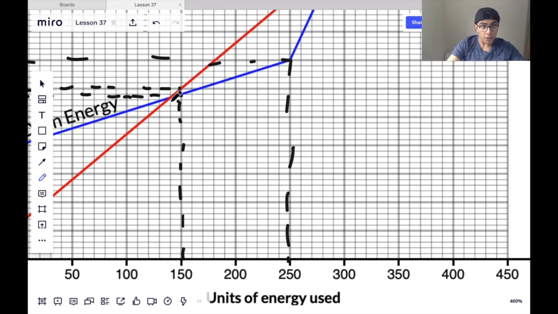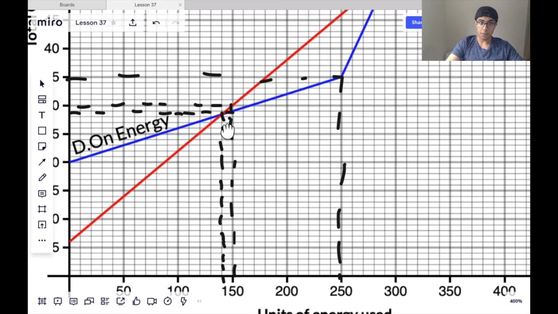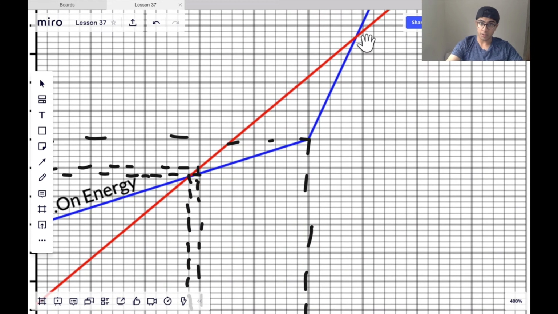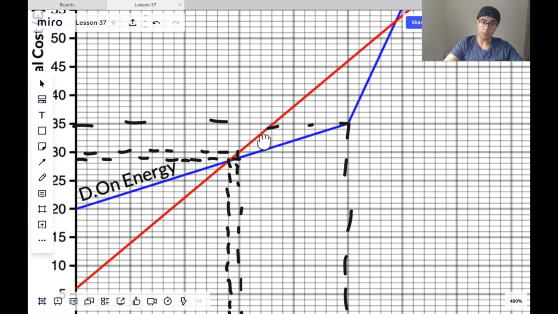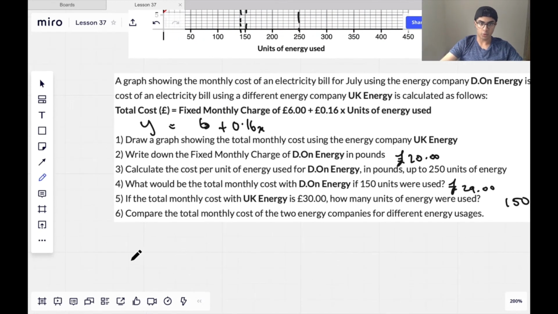Over here, so up until, what is that, 140? Up until 140 units of energy, D-ON Energy is greater. But beyond that, up until this next point, UK Energy is actually more. So we'd say up until 140 units, D-ON Energy is more expensive than UK.